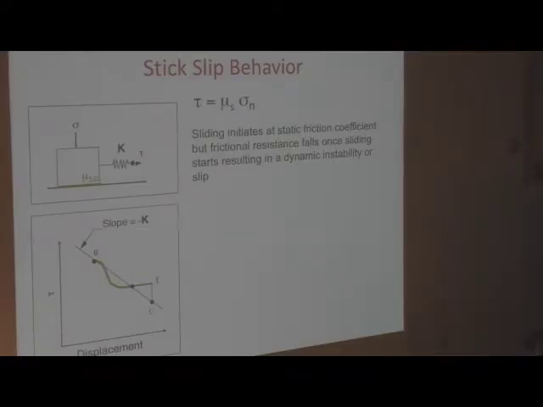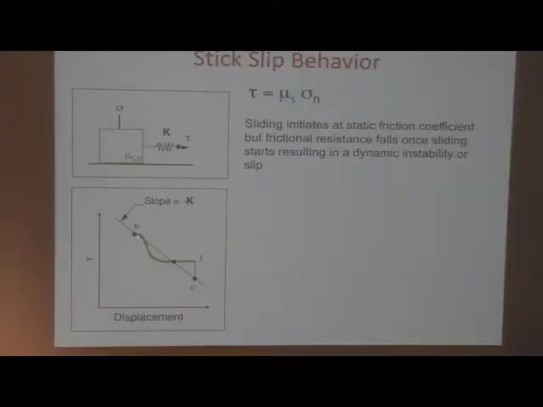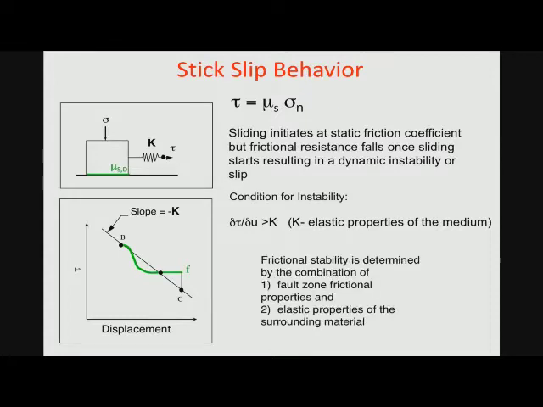And the conditions required are shown here, where this is your frictional resistance in the green, and if that frictional resistance falls off more quickly than your restoring force, your spring force, you're going to have stick-slip behavior. So just in equation form.